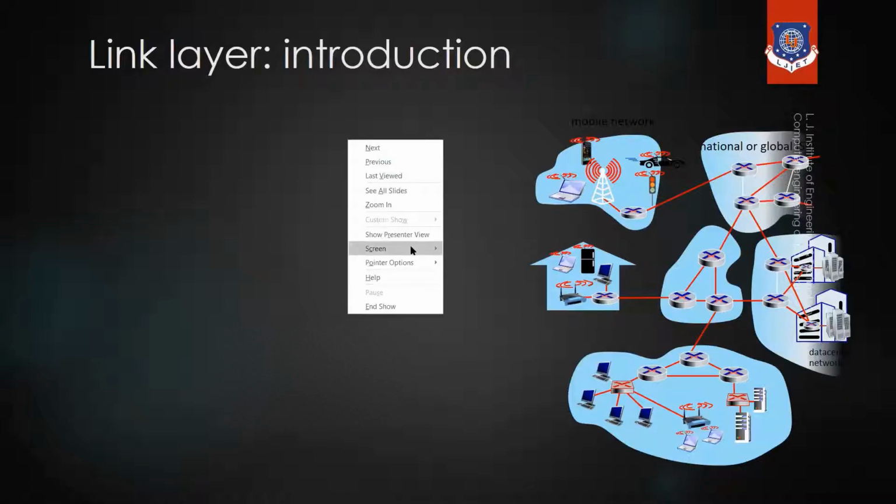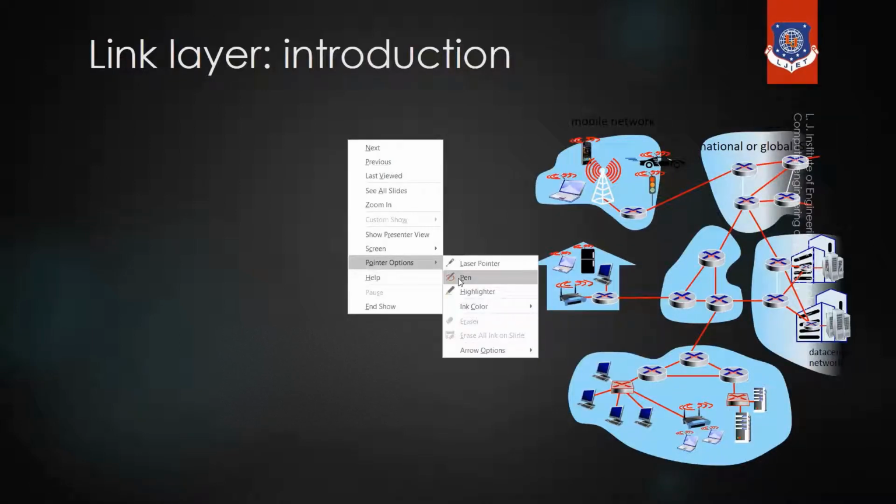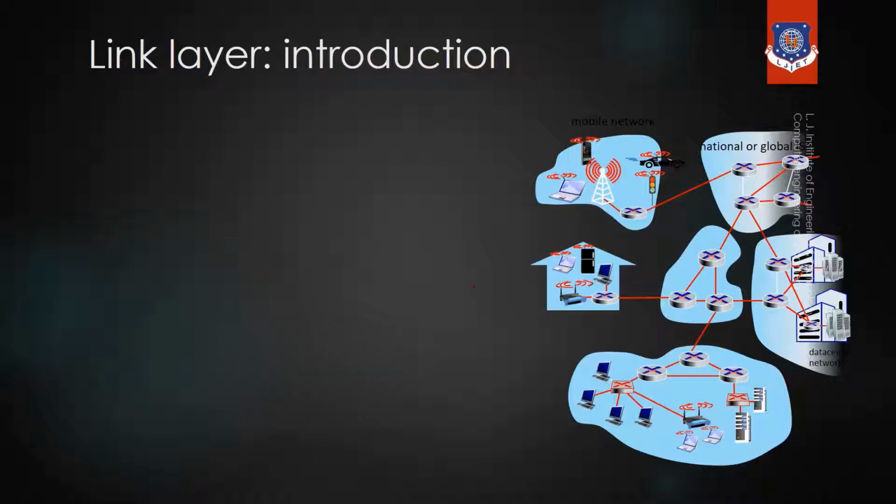Here you can see that different devices are connected to each other via link. Here all the devices are connected via router and it creates a local area network. Here, different devices are also connected to each other via router or switch, and that also creates a local area network.